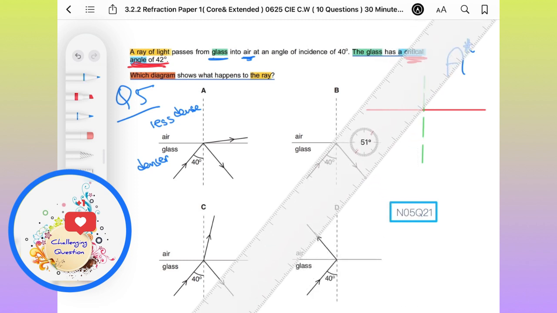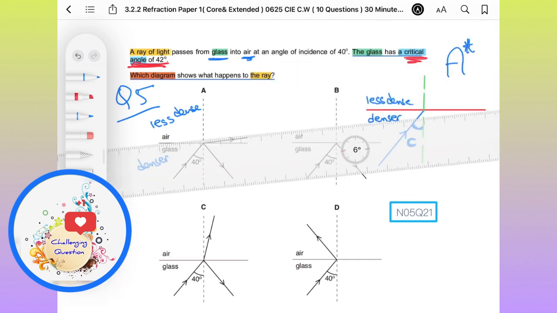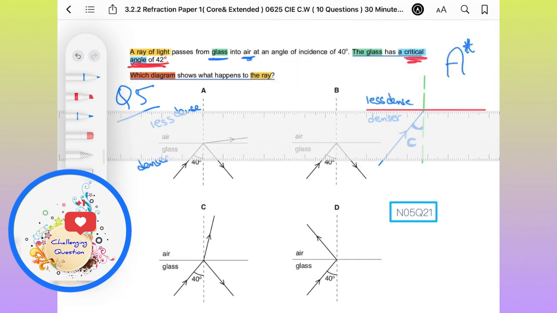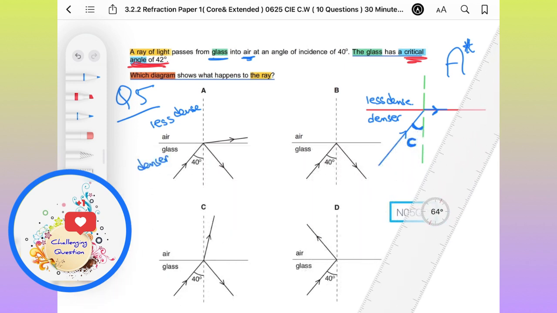Number one, it passes from denser to less dense. So this case has some requirements: the light ray travels from denser to less dense. If the angle of incidence is equal to the critical angle, the ray will be along the boundary, like this.